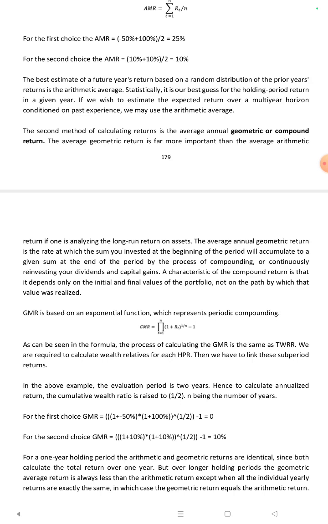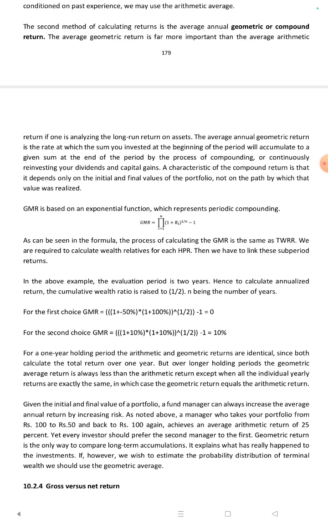The average geometric return is far more important than the average arithmetic return if one is analyzing the long run return on assets.